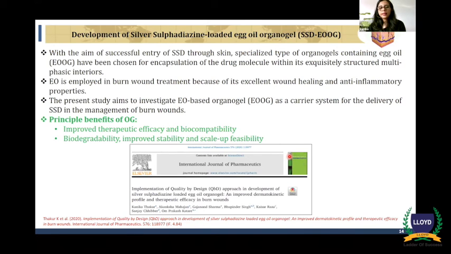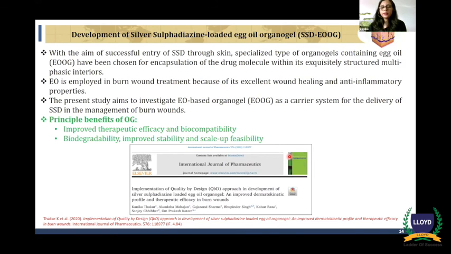But mostly it is available as such for wound injuries. So the plan was to incorporate this particular excipient as a part of the organogel formulation to bring about a change not only in the dermatokinetics but also in the pathophysiology of the skin.